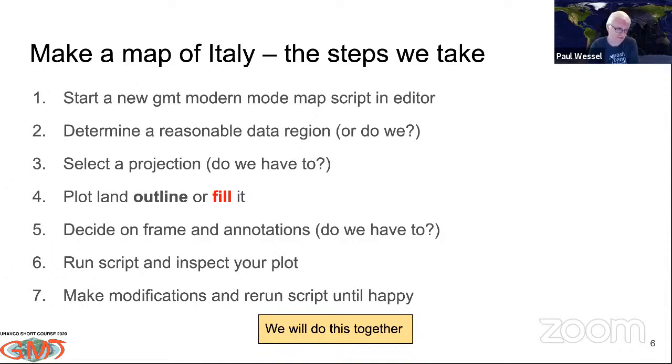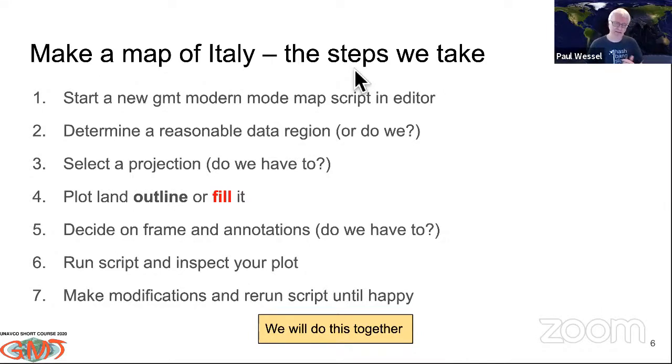And we have to specify a map projection. I said we've got to specify the projection and the region, or do we? And then we're going to plot Italy. So presumably there's a coastline database behind there somewhere. We can draw the outline, or we can paint it. Then there's the question about whether we draw a frame around our plot so we can see where we are, and do we annotate? And what do we annotate? How do we specify that? Or do we have to?